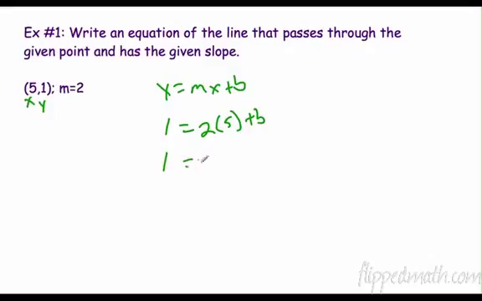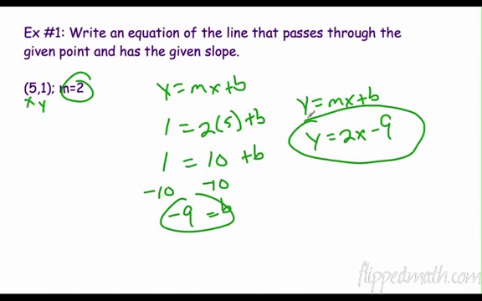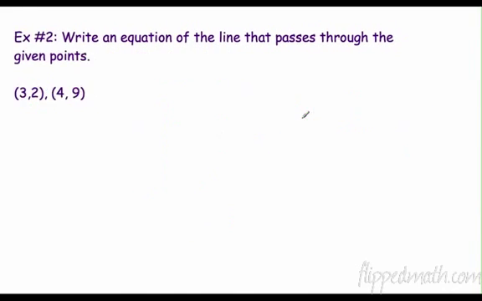Now we solve it. 1 equals 2 times 5 is 10, plus b. Subtract 10 from both sides, and b equals negative 9. I have a b, I have an m. Plug them back into y equals mx plus b: y equals 2x minus 9. There you have it. All right, let's try another one.